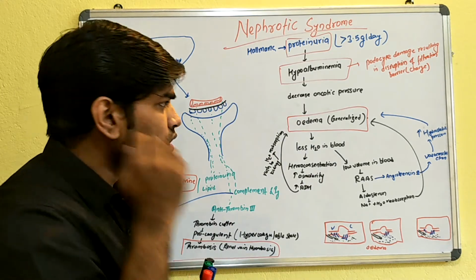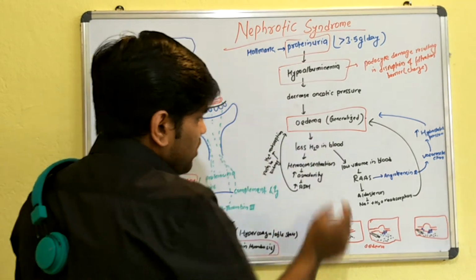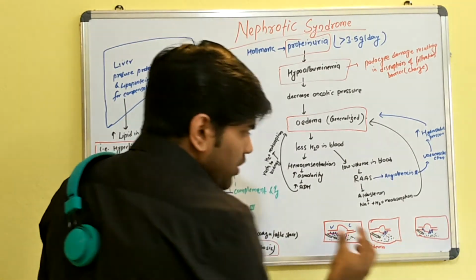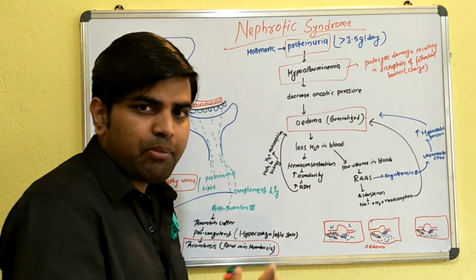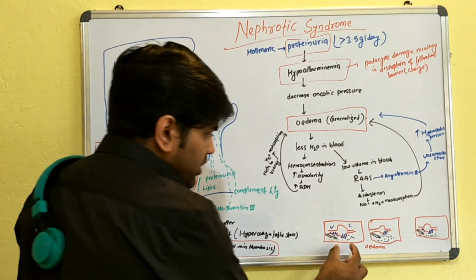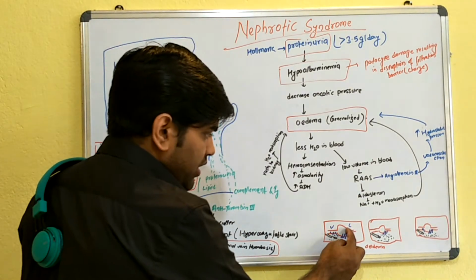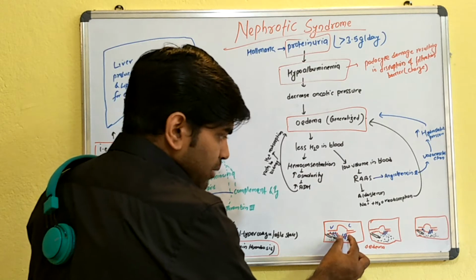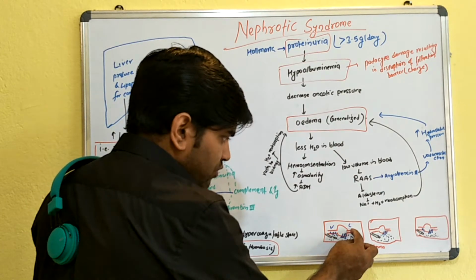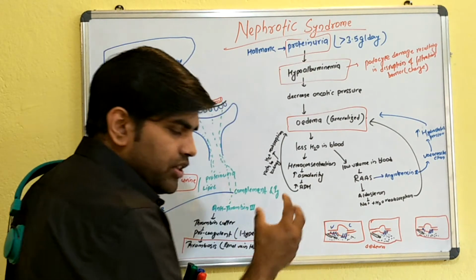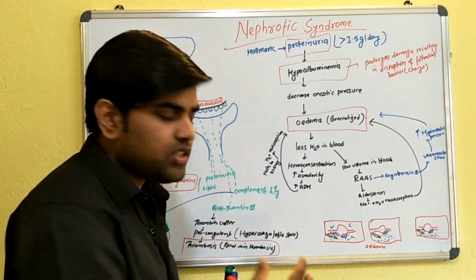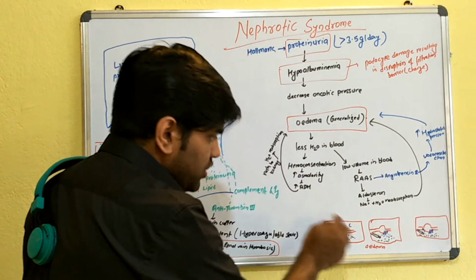Before understanding how edema occurs, let me give you a small overview of edema. That is not part of this topic, but let's rapidly revise it. Normally there is the capillary end, the arterial end, and the venous end. In the capillary network, at the arterial end, the water contained in the blood with nutrition and oxygen diffuses out into the tissue.